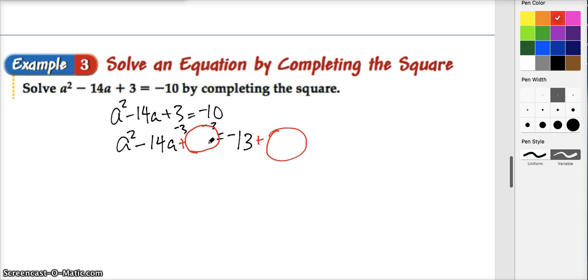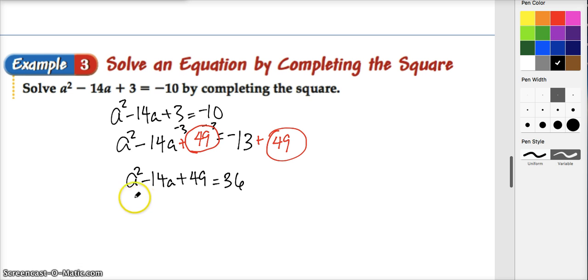So the b term is negative 14a. When I divide that by 2, I get negative 7. When I square negative 7, I get 49. What I do to one side, you got it, I do to the other. So I have on my left side a squared minus 14a plus 49, and that's equal to the sum of these two, which gives me 36.